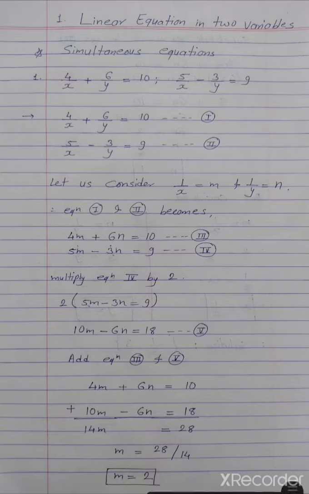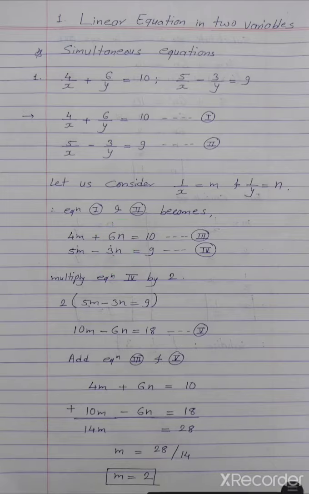Now observe equation number 3 and 4 carefully. You can see some coefficients are here, but these coefficients are not the same for the same variable, so we have to make them the same. Therefore here I am selecting equation number 4 to eliminate this n.